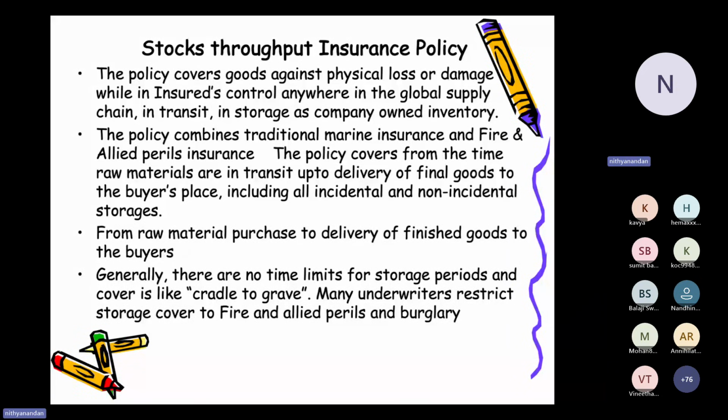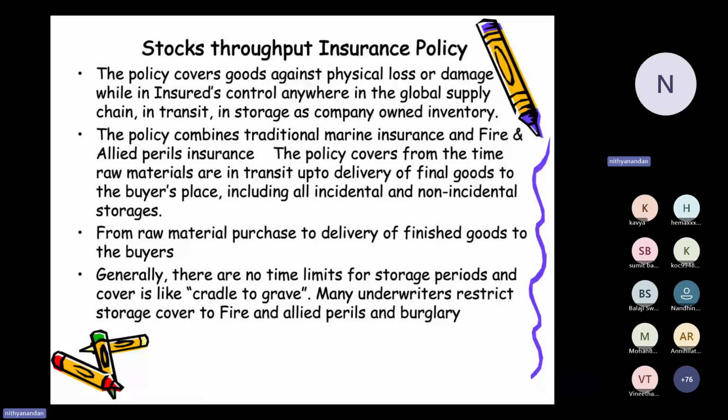Stock throughput insurance. As I gave the example of a garment factory, the stocks of a garment factory may be going out for dyeing, cutting, screen printing, embroidering, for so many job works. Wherever the stocks of the particular insured are lying, this insurance takes care of them.